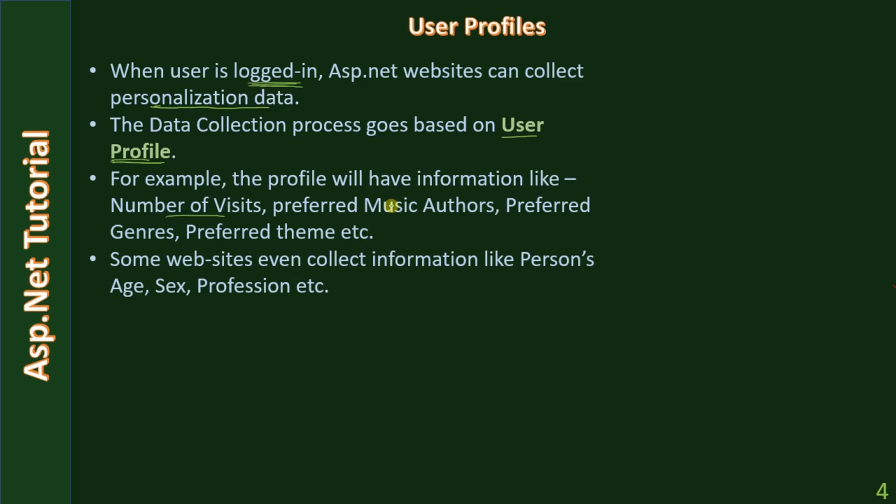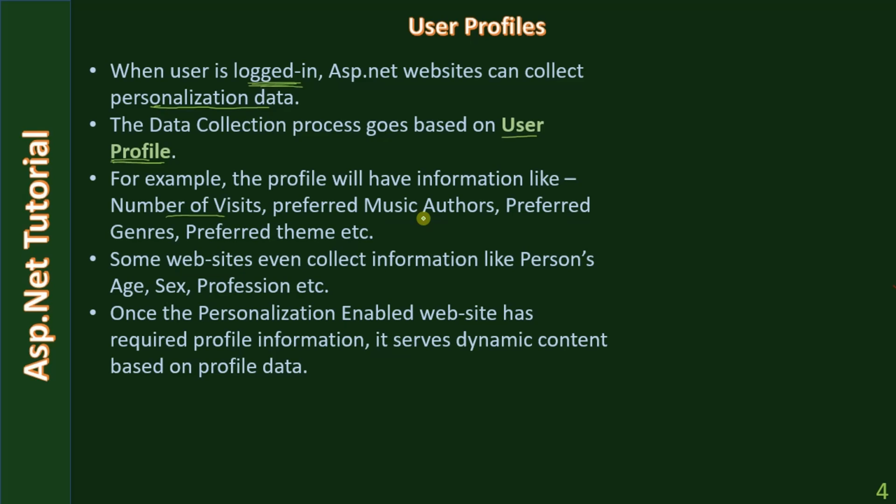Some websites even collect information like a person's age, sex, profession, etc. So based on this collected information, the website knows what data a specific age group and specific gender likes. So based on profession also a website can display the relevant information.